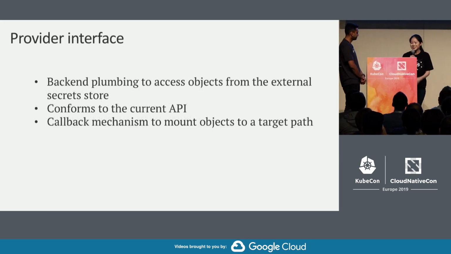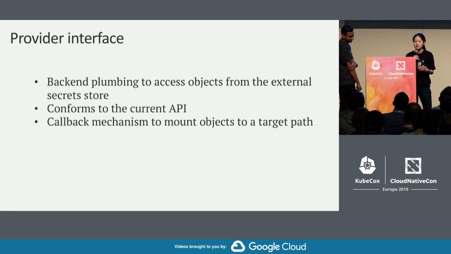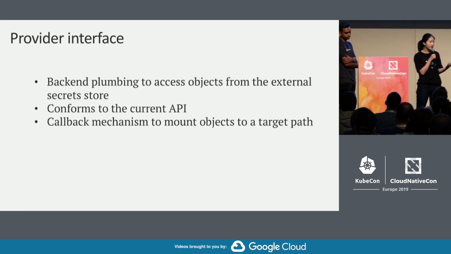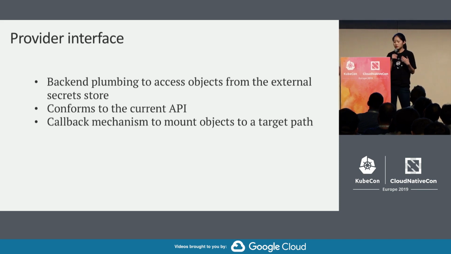And as we mentioned earlier, what's also nice about this CSI driver is that we implemented a provider interface that allows different secret store providers to implement the APIs that we currently have, providing the backend plumbing to access the secret store and a callback mechanism to mount the content into your target path.